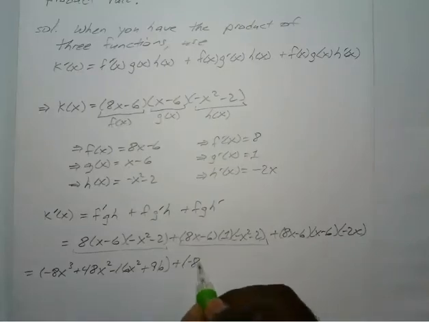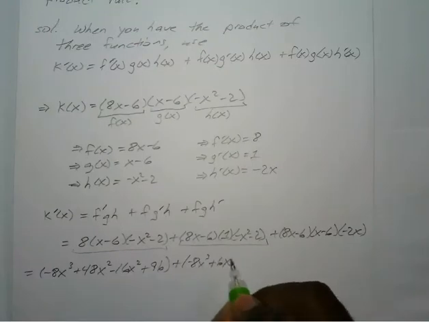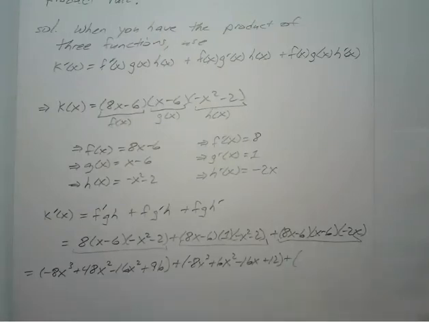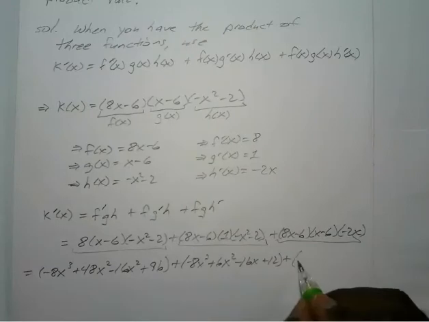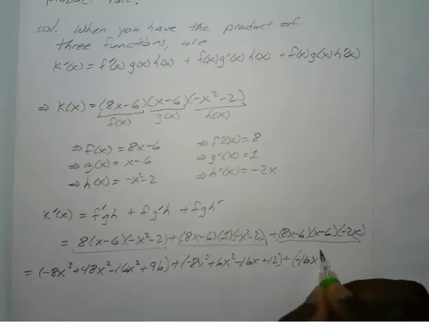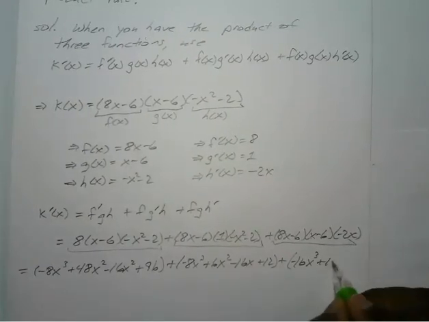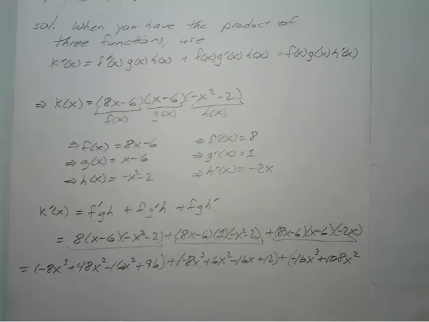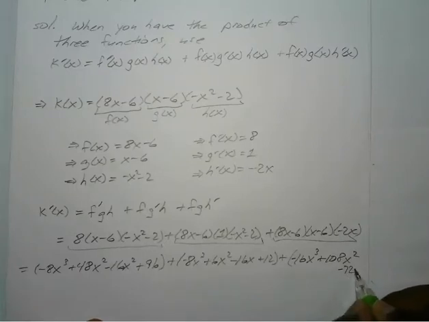We have negative 8x to the third plus 6x squared minus 16x plus 12. Plus, we go ahead and expand that one. We have negative 16x to the third plus 108x squared. And I'm running out of room, so I'm going to put it down here, minus 72x.